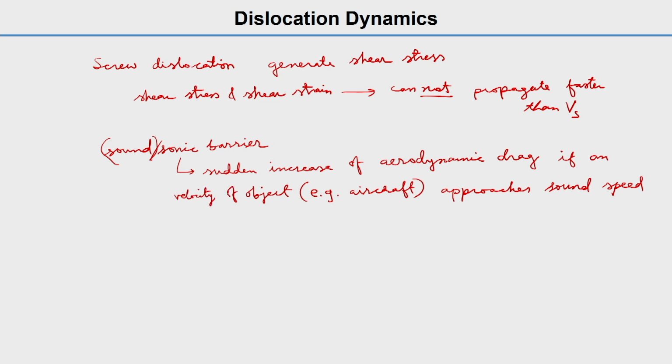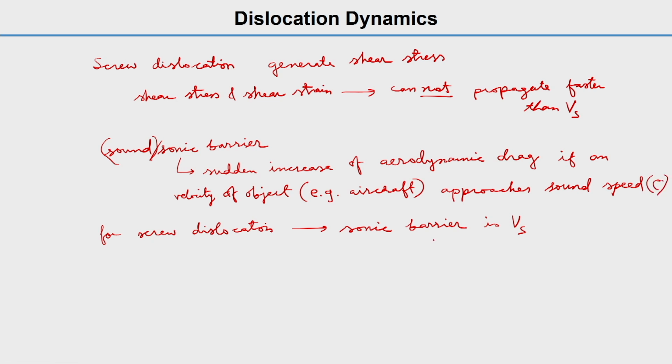If the velocity of the object approaches the sound speed, like for this screw dislocation, the sonic barrier is Vs. For an ordinary sonic barrier, the sound wave velocity is, let's say, c.